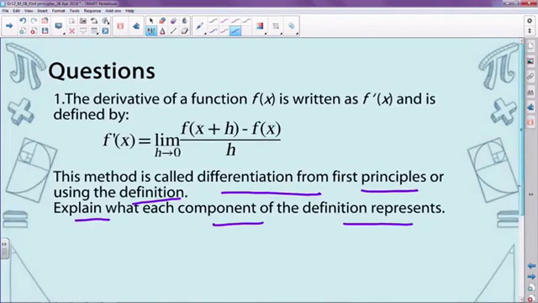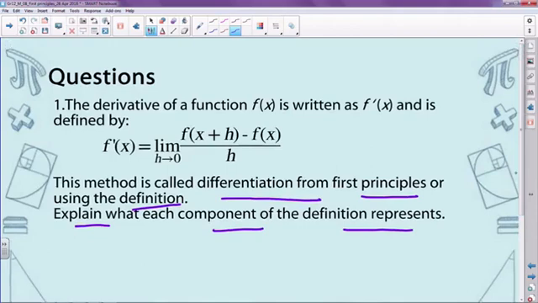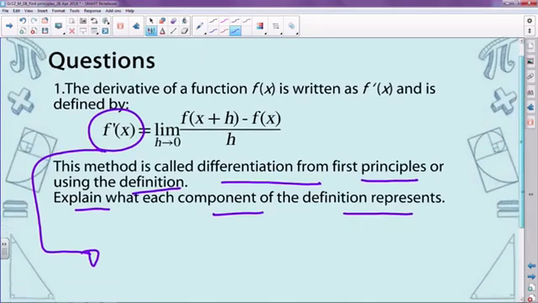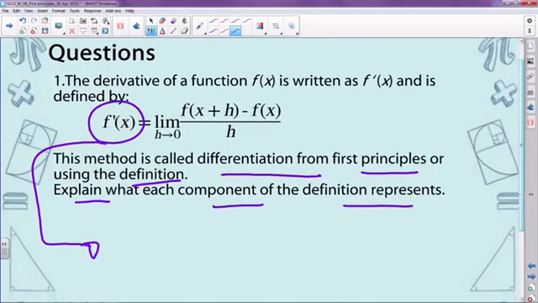All right. Let's start with f dash x, or f prime x, and what that represents. It's really just a notation. The tick mark, you see that little tick there, tells us that the function we're looking at is now a derivative function. So that tells us we are finding the derivative.